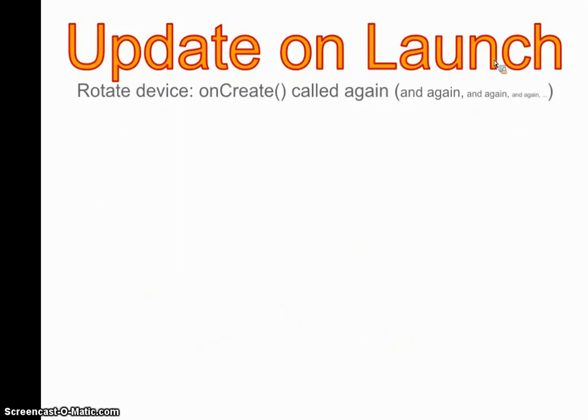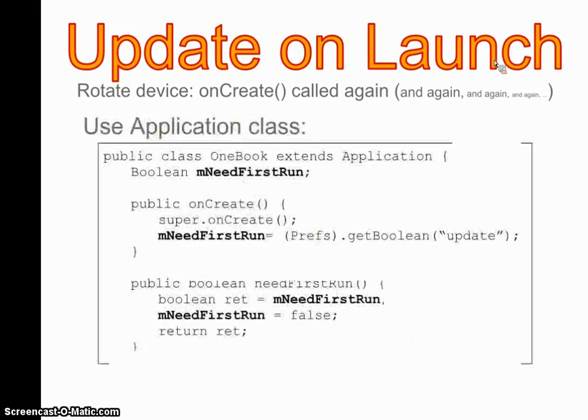So I did some research on this, and there's a class called the Application class. I consider it sitting on top of your code. You name it the name of your application, you extend Application, and you set it in your manifest. It's right on the main manifest line, so it's really easy to look up. I just did a quick little boolean there that says, as soon as I come in, do I want to update, true or false?